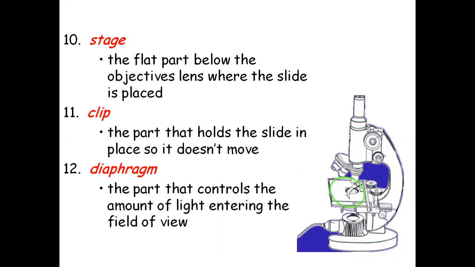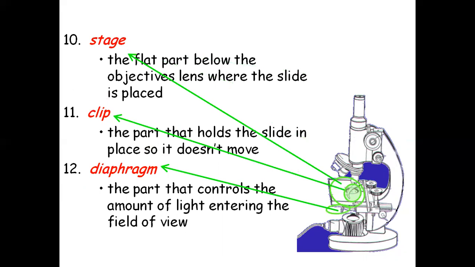Then the tenth part is the stage, the flat part below the objective lenses where the slide is placed to see. Then the 11th is the clip, the part that holds the slide in place so it doesn't move here and there. Then the 12th part is the diaphragm, the part that controls the amount of light entering the field of view.